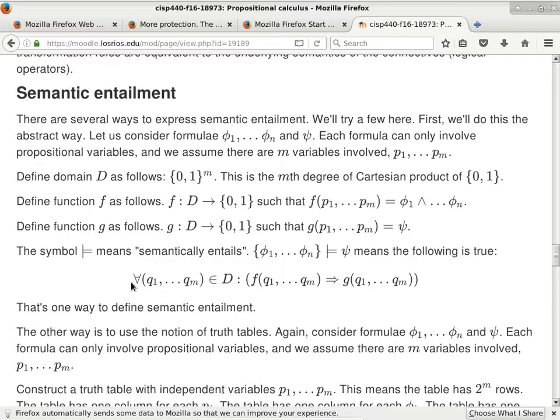What is P? P is an element of alpha because it's a variable, right? What is 0? 0 is also an element of alpha, right? Because it is a constant. What about this one here? This is a connective, which means it belongs to omega.